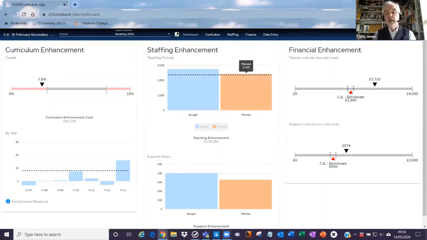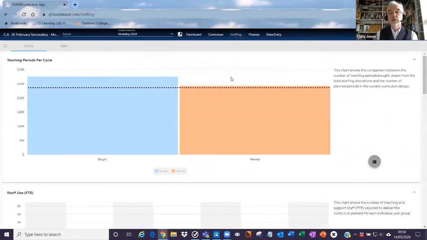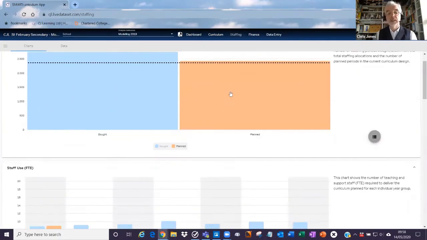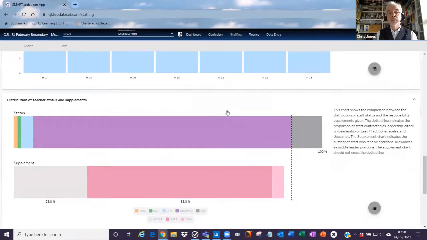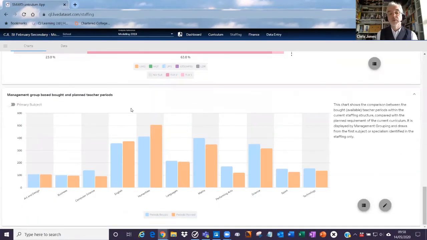So the analysis that we've got here is all formed from the staffing data that you have entered into the system. So the place to go, we've gone into depth on what's happening here with our analysis, and the subsidiary subjects we can see we've shown there.